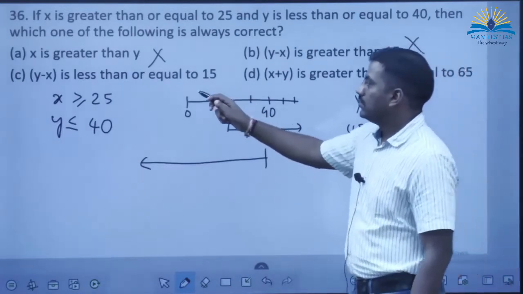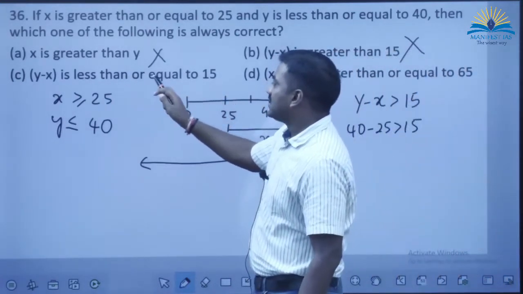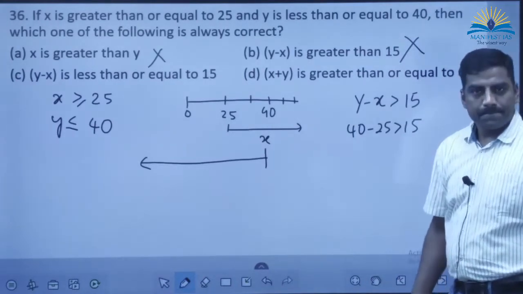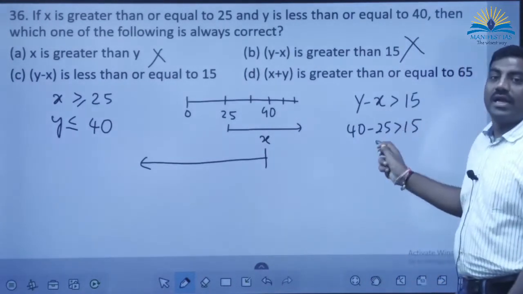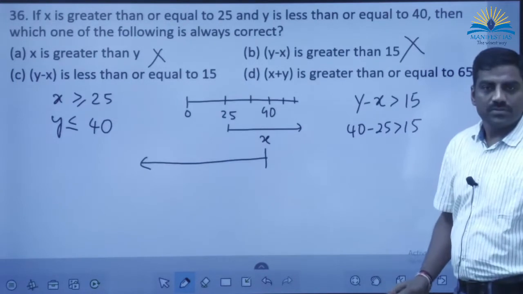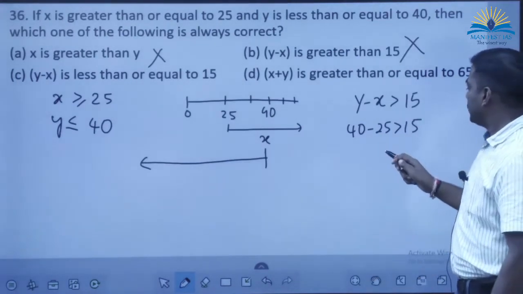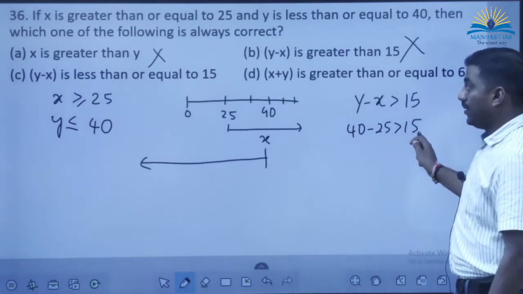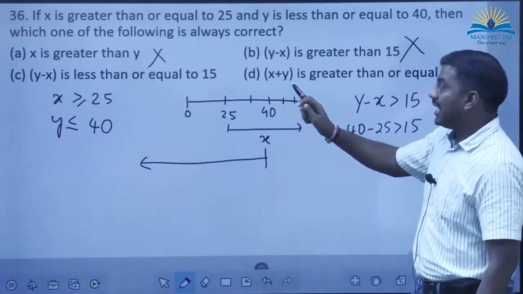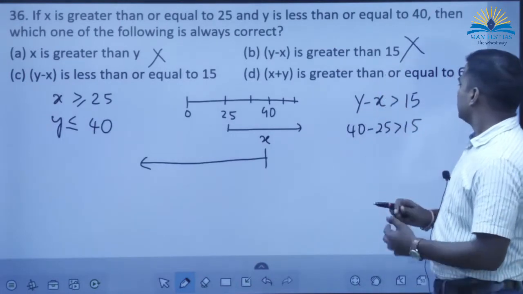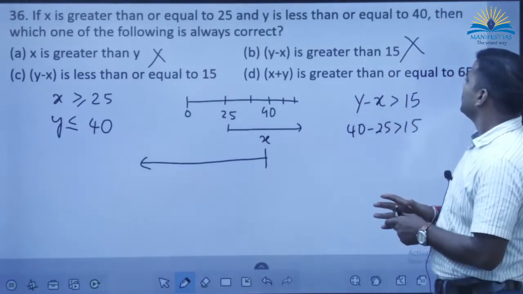Yes? Now, y minus x is less than or equal to 15. We saw it, right? It cannot cross. Wait. Y minus x is greater than 15. It is saying y minus x is less than or equal to 15. Wait.